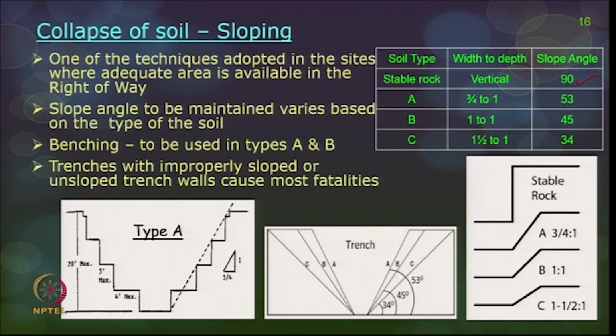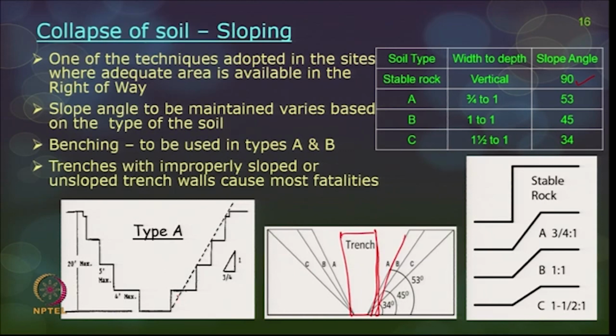For a stable rock, vertical is what is allowed, so it is 90 degrees. For type A soil, B soil and C soil, the width to depth ratio and the slope angle all vary. For example, the slope angle is given here. This is a trench, and this is the portion which you have to excavate. Instead of cutting out vertically, you are maintaining a slope. For A, B, C, you have 3 different slopes: 53 degrees, 45 degrees and 34 degrees. What do you mean by this?